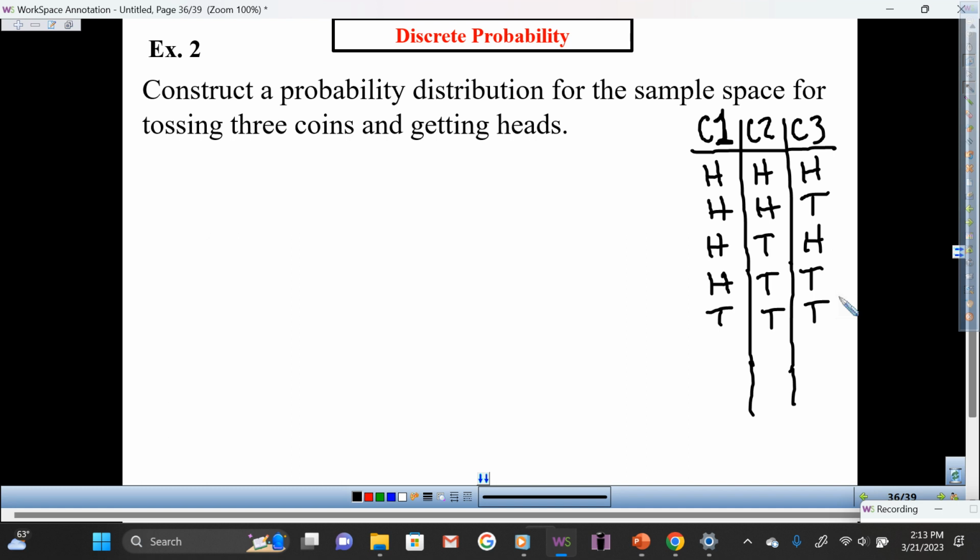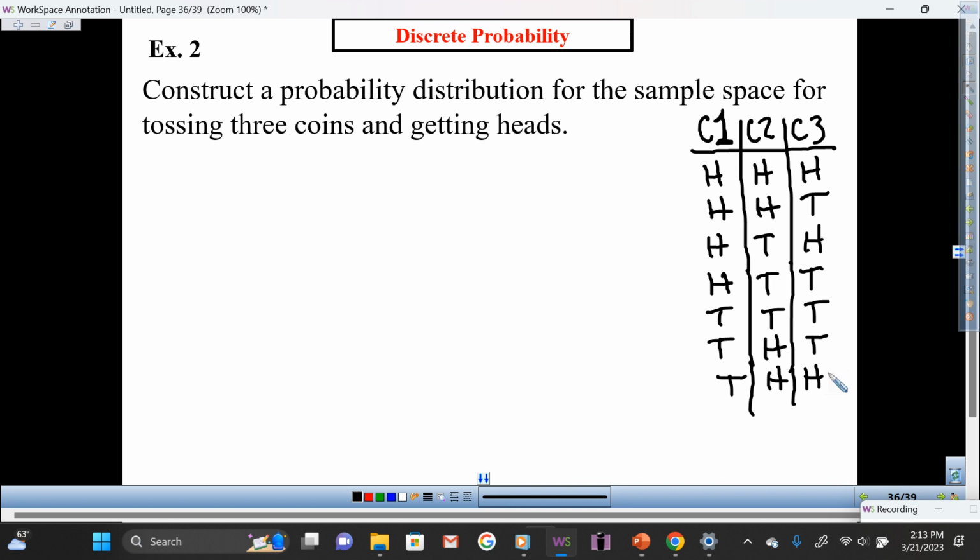All right, let me go to the other side. Matthew, go. THT, okay. What else? Jet. THH, okay. And are we missing anything?